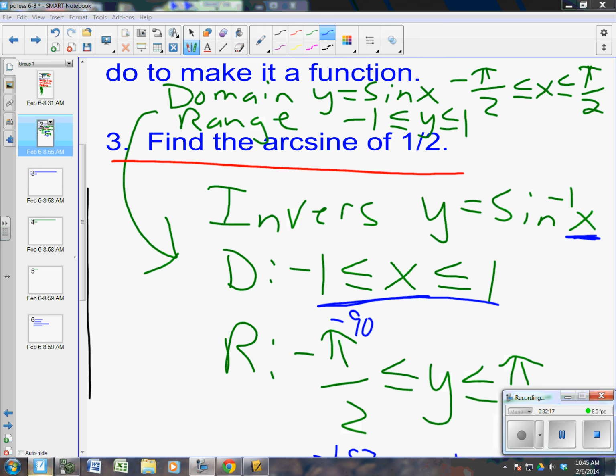Negative 90 degrees to what? To 90 degrees. I can only take answers between negative 90 degrees and positive 90 degrees. So if you look over here, 5 pi over 6, or 150 degrees, has a sine of 1/2. However, it's not between 90 degrees and negative 90 degrees, which is the first and fourth quadrant, right?